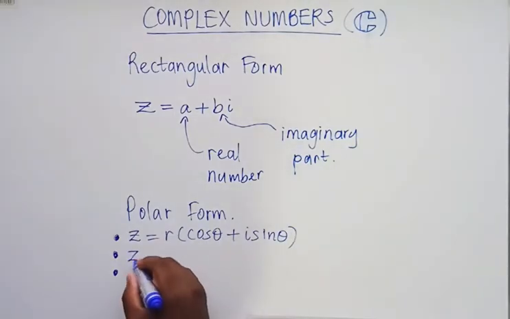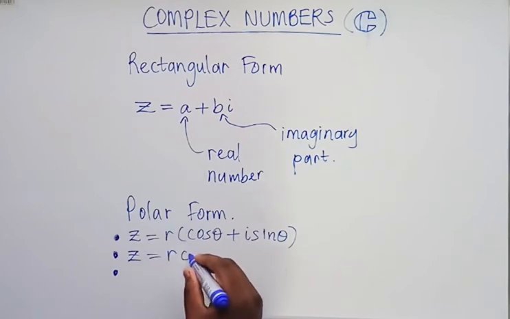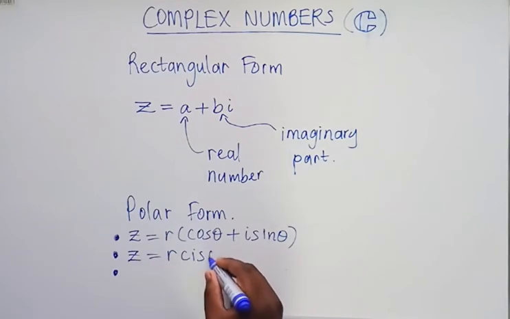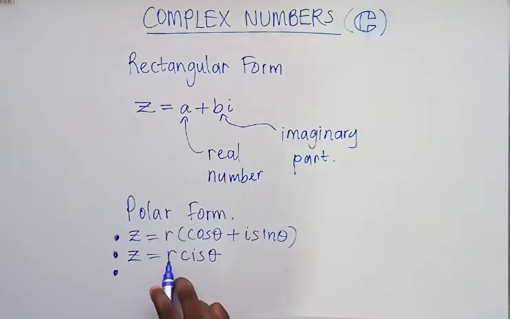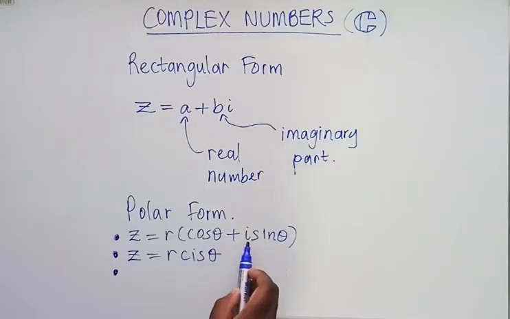Then the next form under polar form is z equals r cis theta. So this r is the same as that r, and the c represents cos, the i is the imaginary number, and then the s is for sine. Your angle is still the theta.